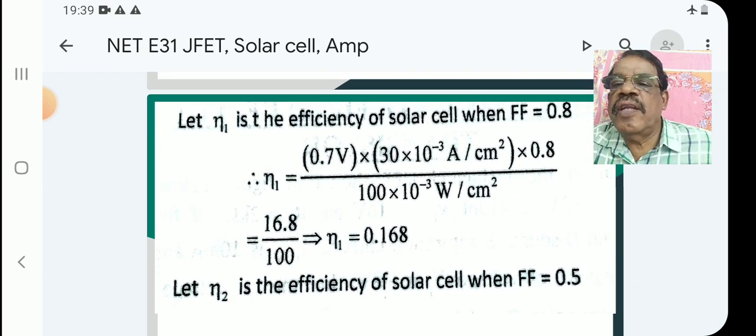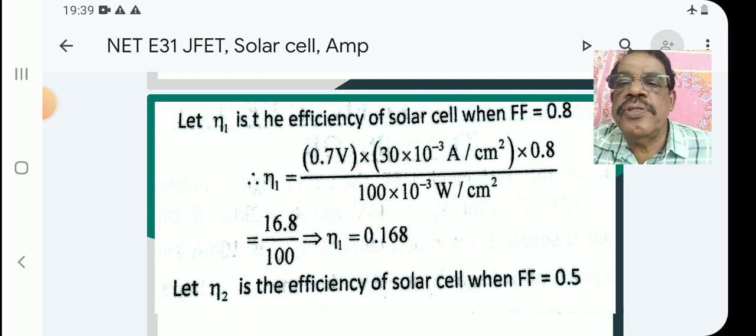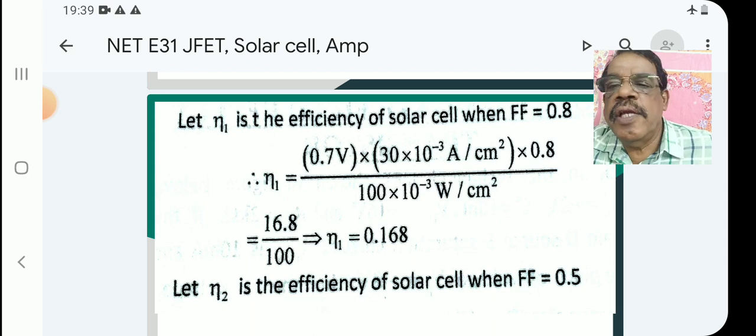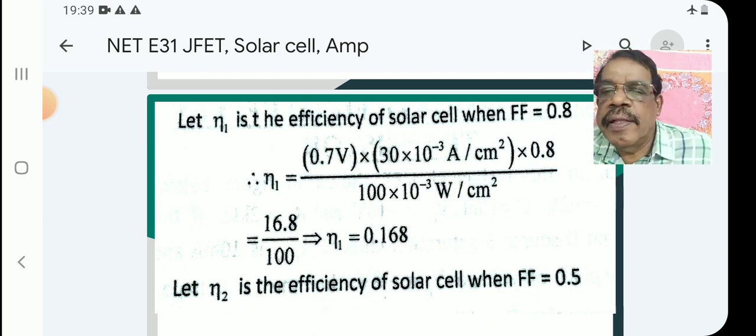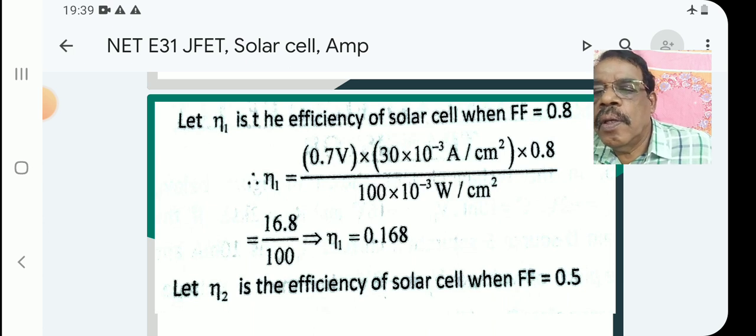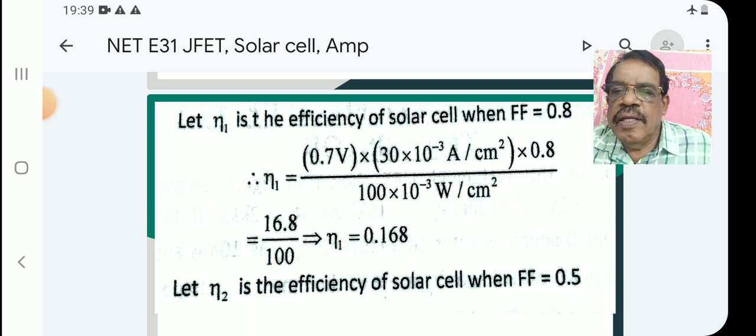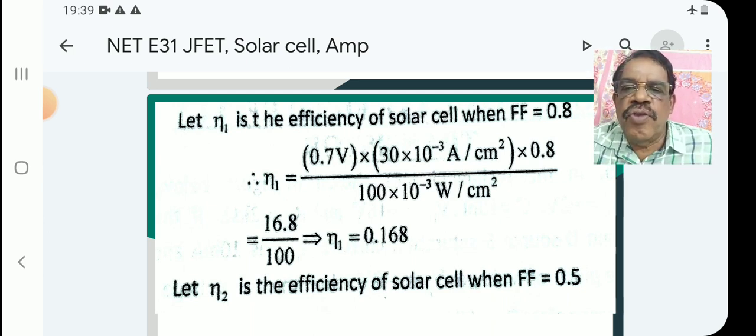So for efficiency, let eta be the efficiency of solar cell with the fill factor 0.8. Therefore, you substitute the values, and on calculation we get eta is 0.168. Let the first one be eta 1, the second eta 2. Eta 2 is efficiency of solar cell when fill factor is 0.5.